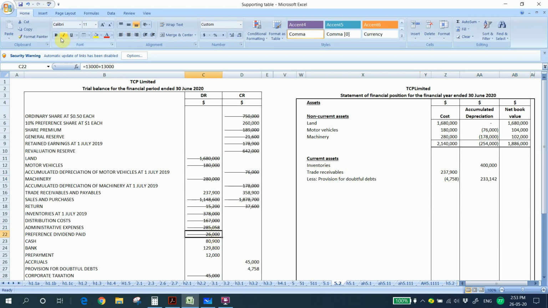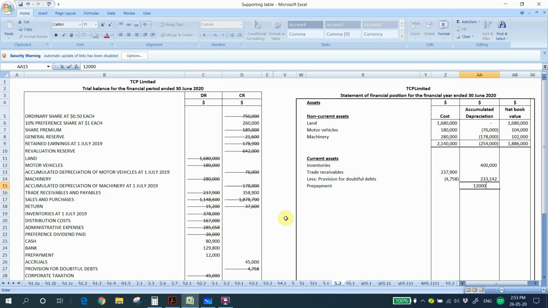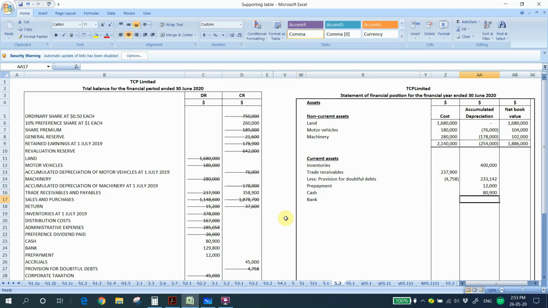So we strike through the information that we have used. So we have prepayment, 12,000, and lastly cash and bank, 8900, 129,800. So we strike through the information that we are using.